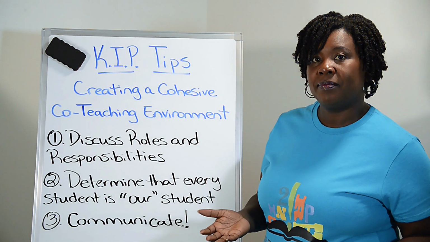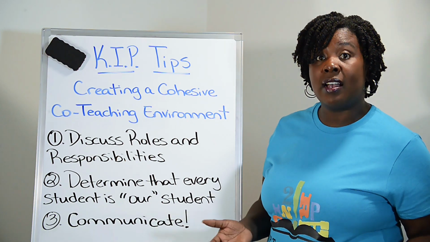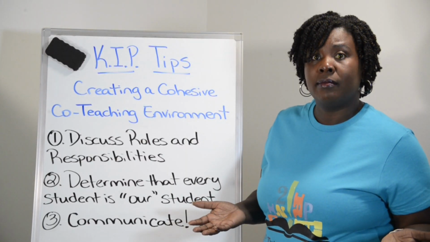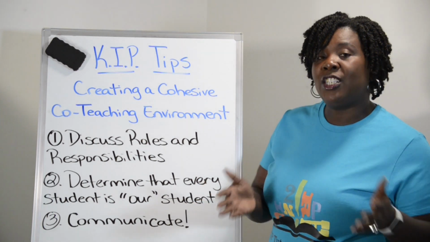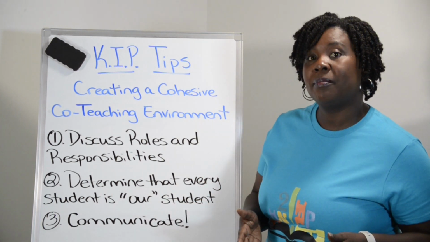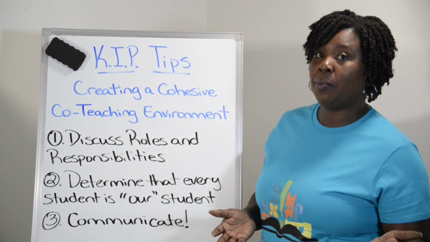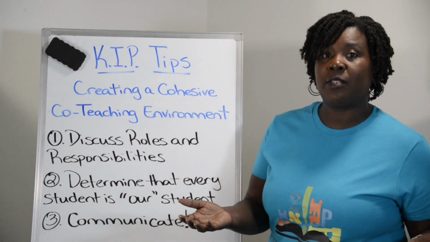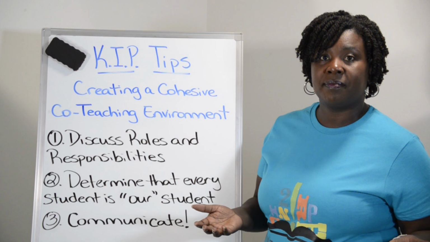Some roles and responsibilities that you may want to discuss is grading. Who's going to do the grading? Will you both do the grading together and just split the class in half? Or will one teacher take one class period, for example, and the other teacher will take the other class period if you teach 2 class periods together?